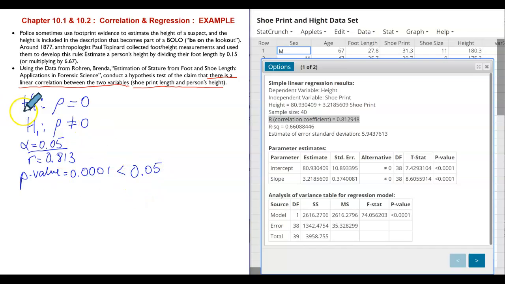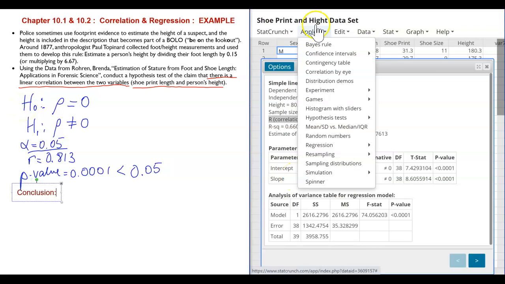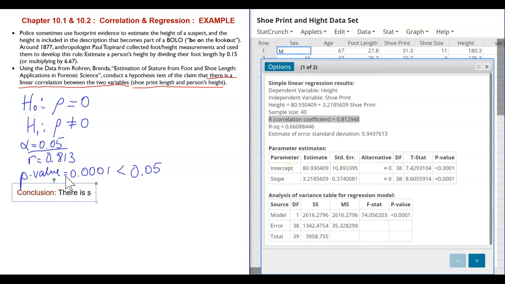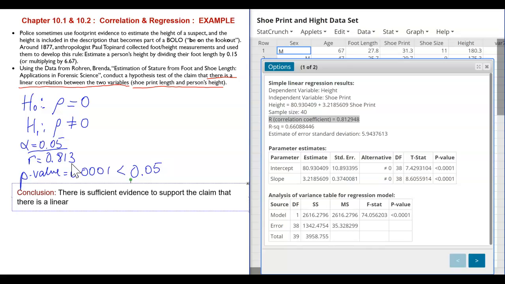Therefore, we reject the null hypothesis that there is no linear correlation and conclude that there is sufficient evidence to support the claim that there is a linear correlation between shoe print length and person's height.